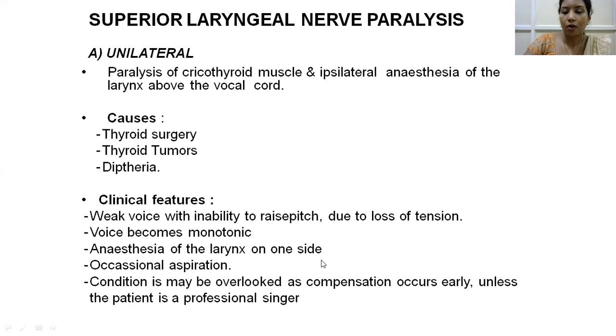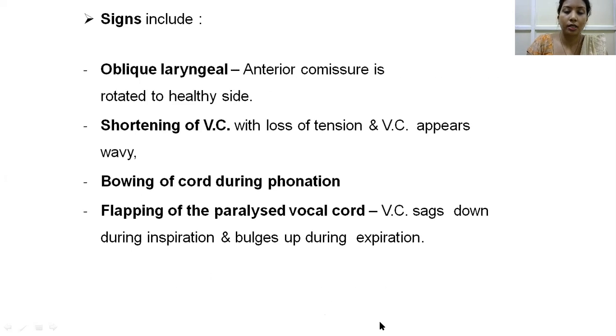Anesthesia of the larynx on one side, though the one side is paralyzed, the anesthesia of the upper part of the larynx on one side is seen. The other side tends to compensate more or less. And because there is this anesthesia, sometimes there can be aspiration, and this condition may be overlooked as compensation occurs early unless the patient is a professional singer because he is not able to raise his pitch.